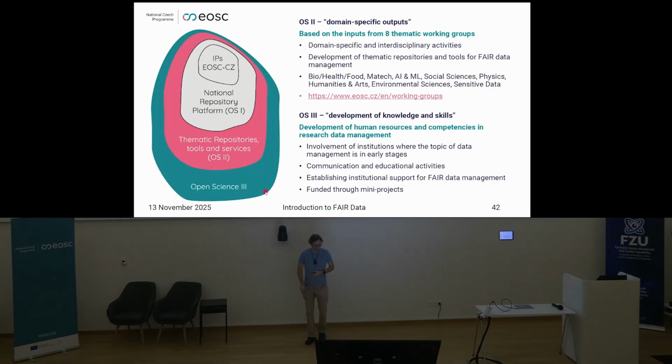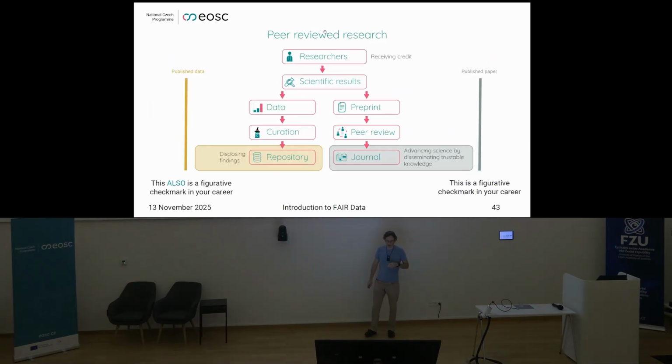It will be funded through so-called mini projects. And by the way, also in Open Science 2, there are so-called mini projects doing some particular small piece of work in the relevant area. So that's the infrastructure of the projects.